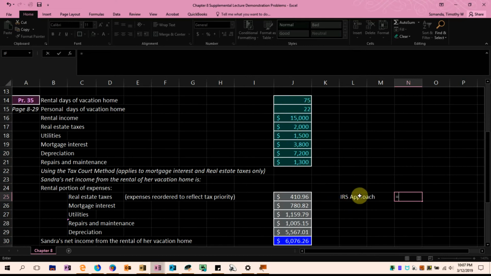So the calculation using the IRS approach as opposed to the tax court approach would be the $2,000 of real estate taxes times the 75 days divided by the sum of 75 plus 22, total days used. So that would have been the expense had we used the IRS approach.